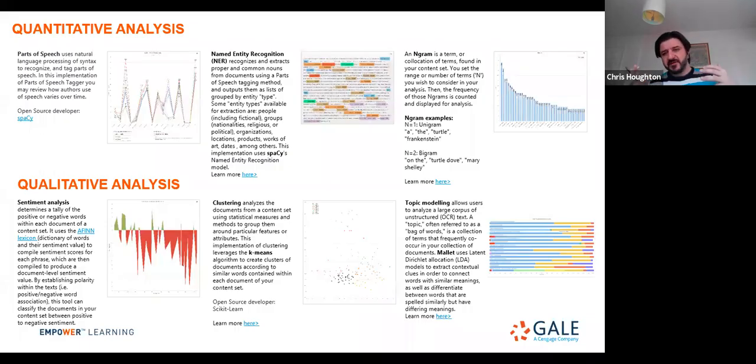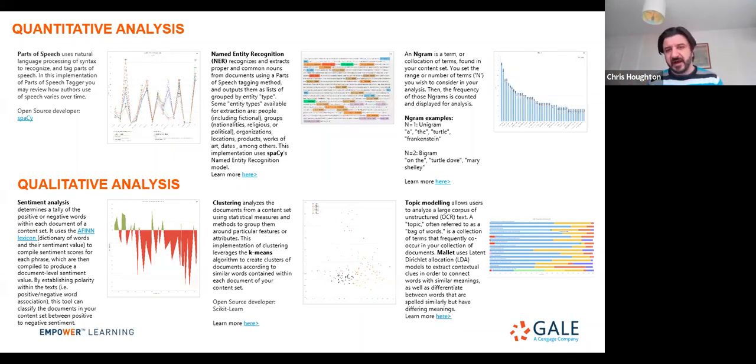So within the lab, there are 6 tools, okay? 3 quantitative and 3 qualitative. We came up with what tools we were going to put in there based entirely on customer feedback, talking to academics about what tools they wanted to see, and what would be most useful for the largest number of people.